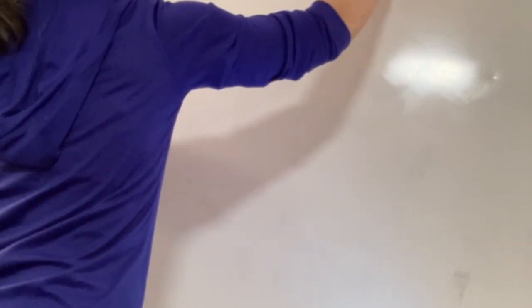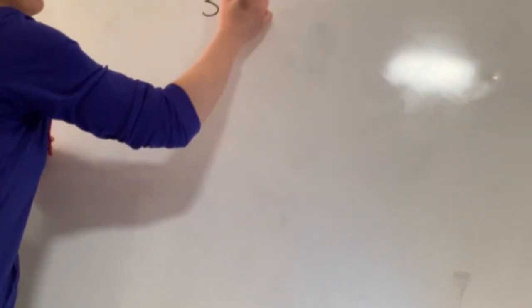Yeah, 9 times 7 is 63. So that means 3 root 7. Now we can add them. 2 plus 4 minus 3 is 3, right? 3 root 7.